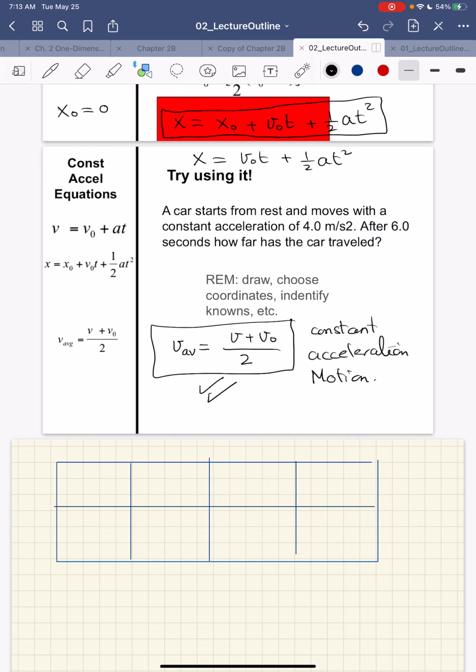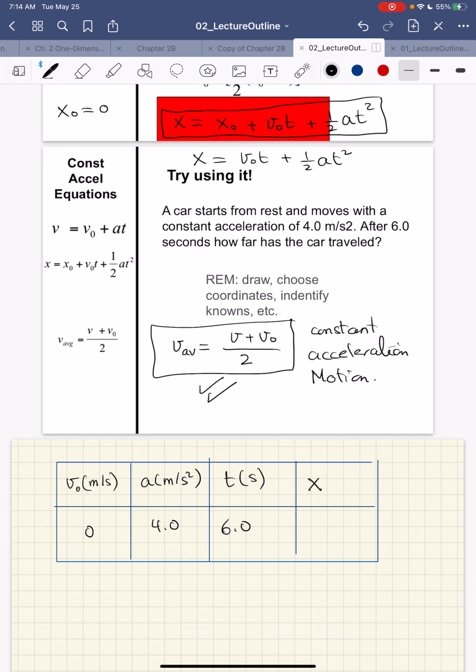A car starts from rest and moves with a constant acceleration, and after 6 seconds, they are asking how far the car has traveled.